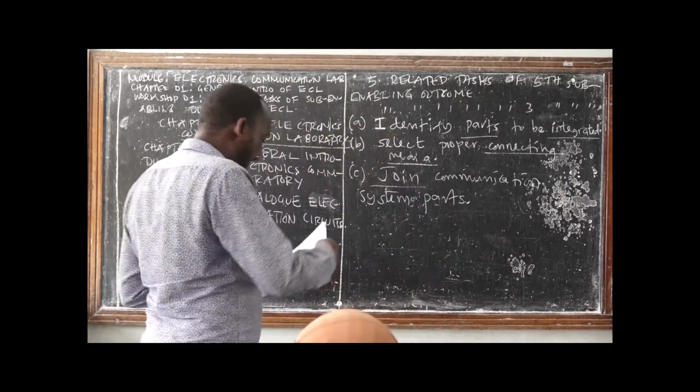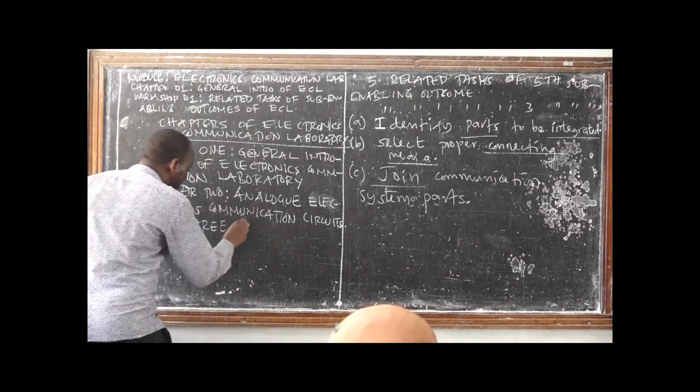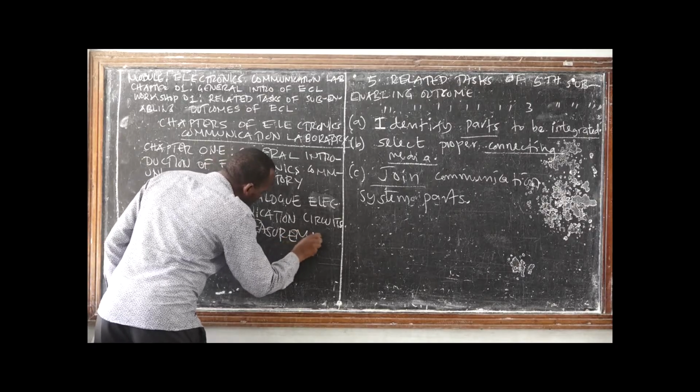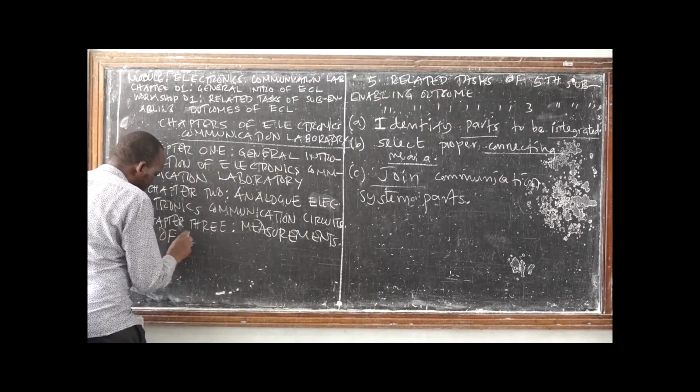So the third chapter is called the measurement of electrical parameters. Tell your neighbor, measurements of electrical parameters.